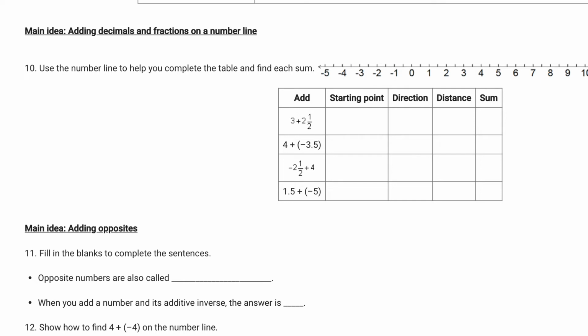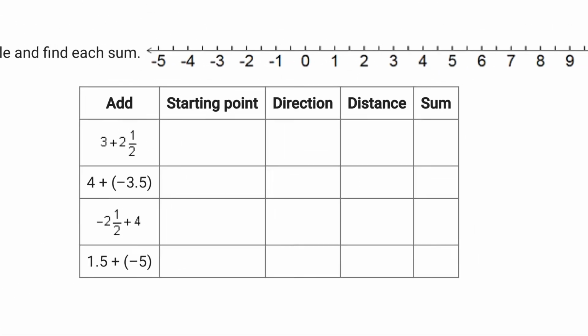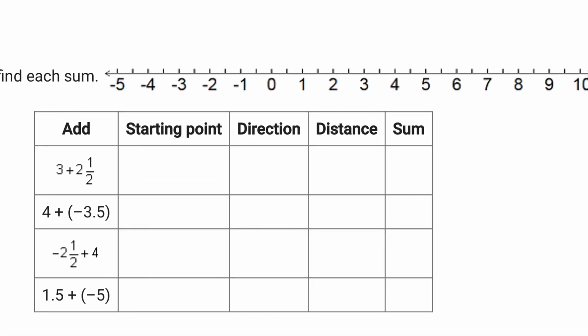Okay, so another main idea here is adding decimals and fractions on a number line. So use the number line to help you complete this whole thing. Here I'm going to zoom in, and what we have is, first add these. So that's a positive 2.5. My starting point is 3.